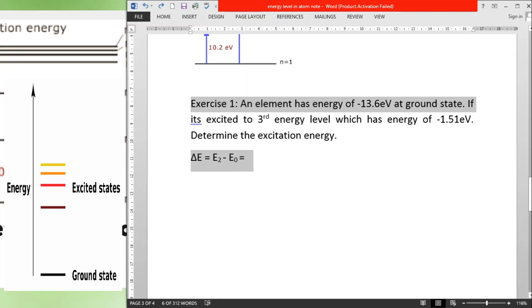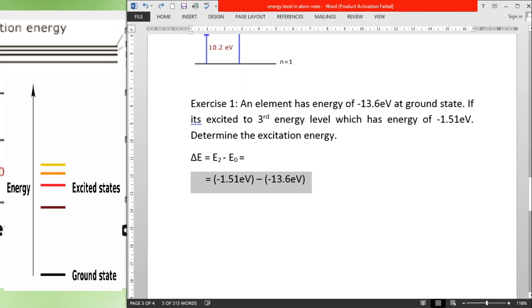So we have minus 13.6 electron volts and minus 1.51 electron volts. We are going to look at the difference between these two energies, and that is what is going to give us the excitation energy.